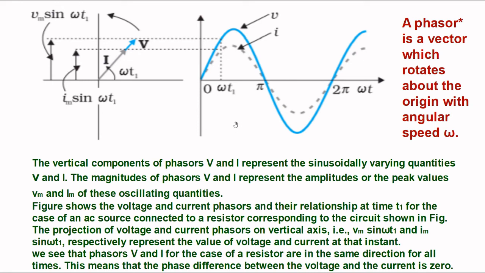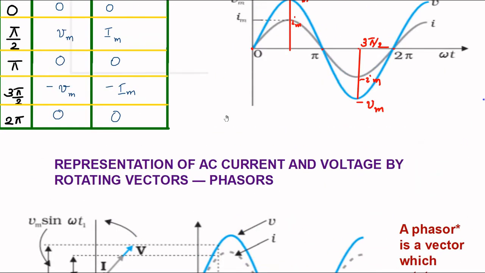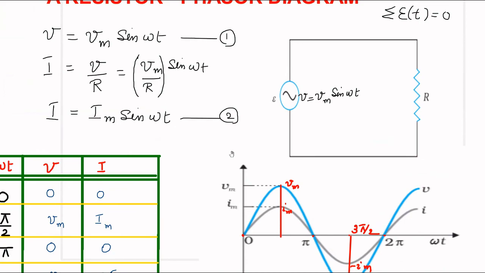The figure shows voltage and current phasors and their relationship at time t1 for the case of an AC source connected to a resistor, corresponding to the circuit we discussed earlier.